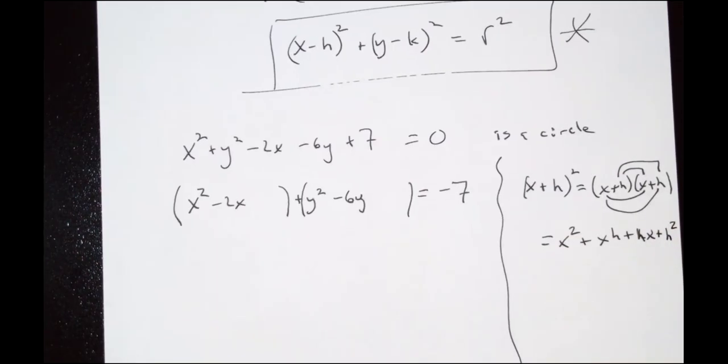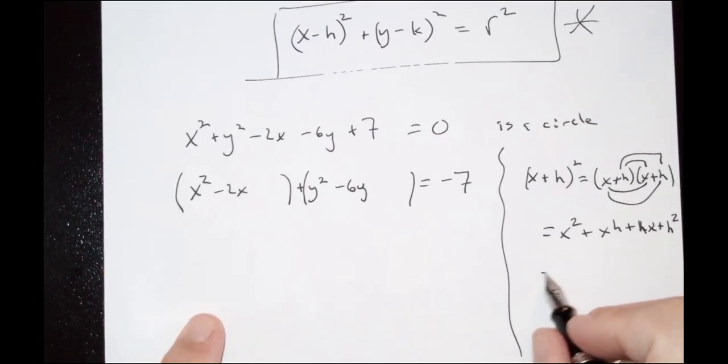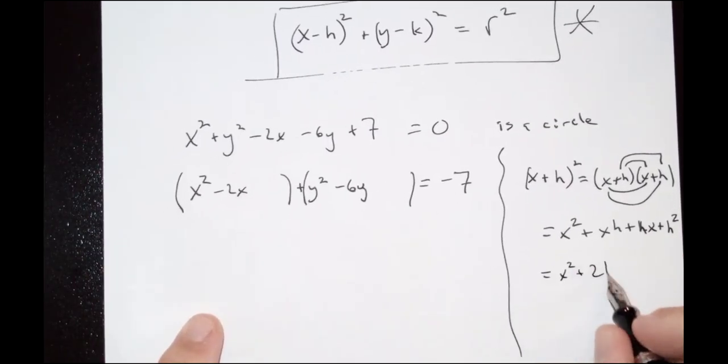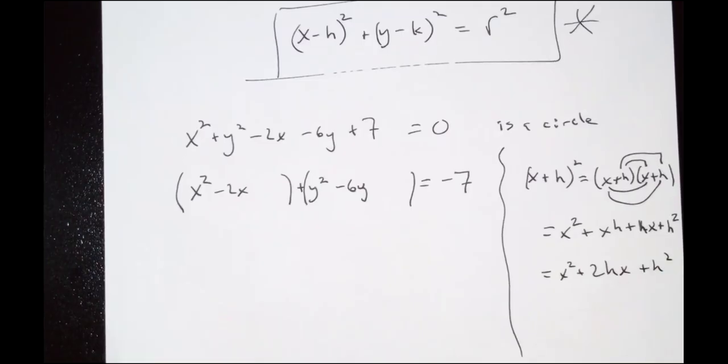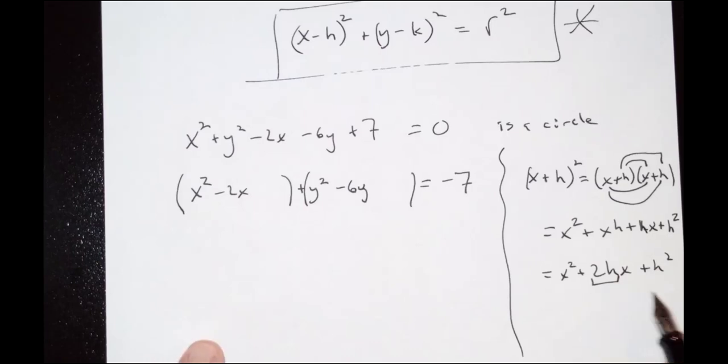Now, the best part is that x and h are numbers, right? So does it matter whether I do xh or hx? Aha! This number in front of the x term is twice the h I need for the n term.